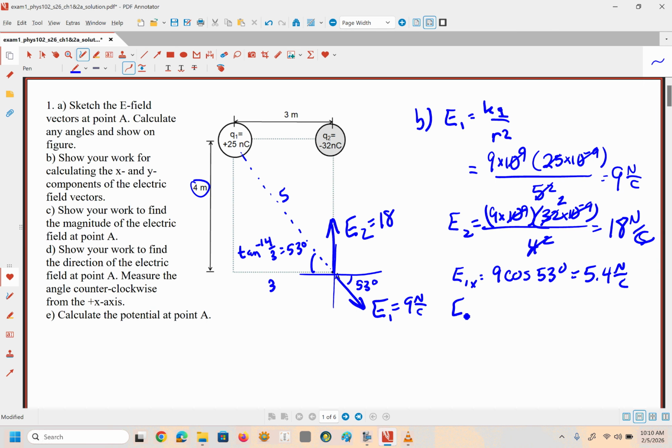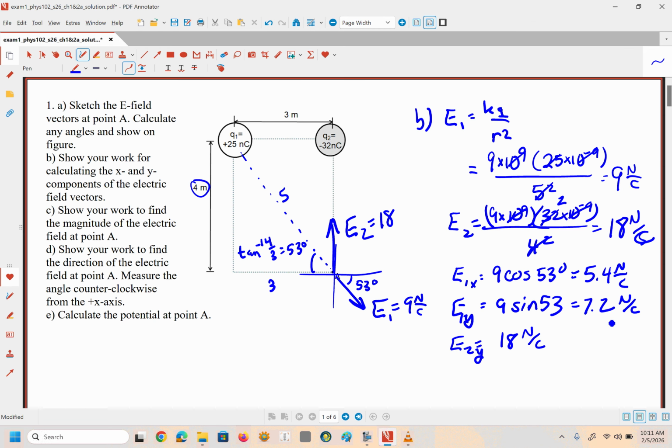And then I can find E1y in a similar way. That's equal to 9 sine of 53, which is 7.2. And then for E2, E2 only has a y component, so I'm just going to label that as E2y, and it's equal to 18 newtons per coulomb. All right, I think that's it for part B.